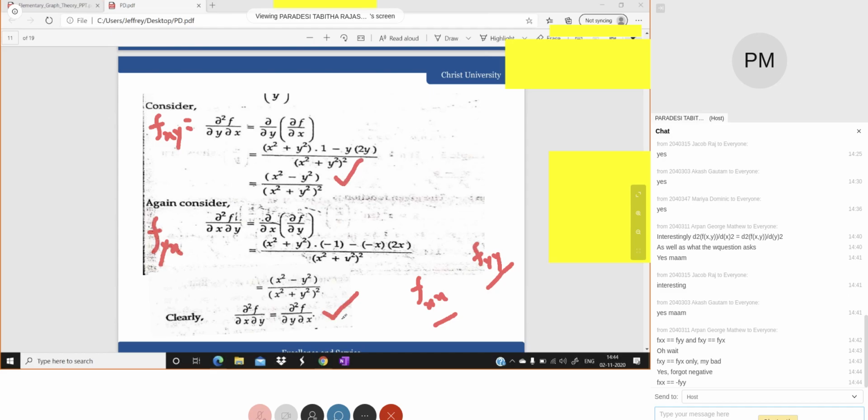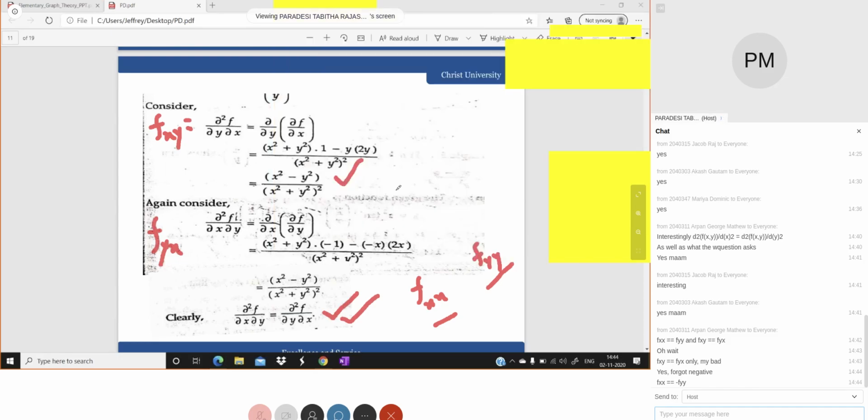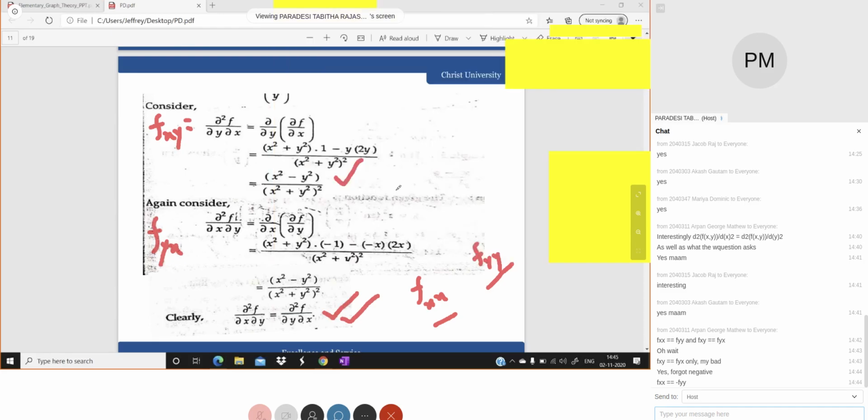Mention if you've reached till here. Anybody wants me to explain anything here at these second derivatives, mention it, otherwise I'll move on. Pallavi is saying no extra negative sign came, both are equal. fxy and fyx.